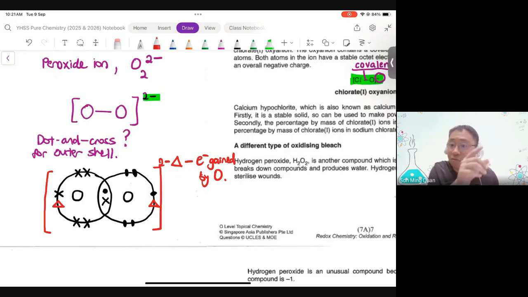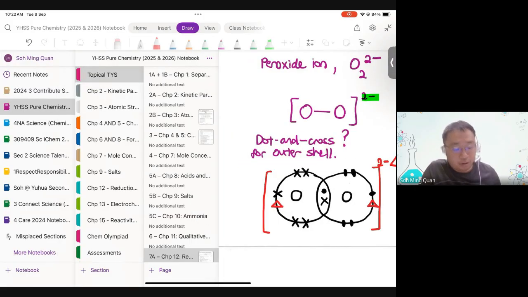That's why it has a 2 minus charge. It gained 2 electrons so that 1 electron goes to each oxygen atom in order to achieve a fully filled outermost shell. So you need to be able to draw the peroxide anion like this. Now, I hope you have taken this down somewhere, along with your TYS, so that at least you can revise from it. So now, let's go to electrolysis.